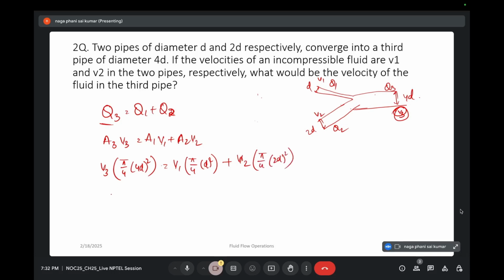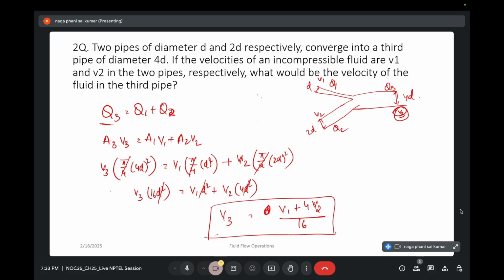Just simplify this. Cancel out pi by 4, so we'll have V3 into 16D square equal to V1 into D square plus V2 into 4D square, right? Cancel out D square and you'll be left with V3 equal to (V1 plus 4 V2) by 16.